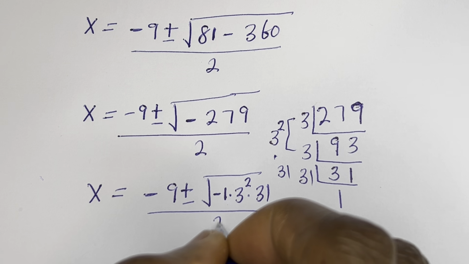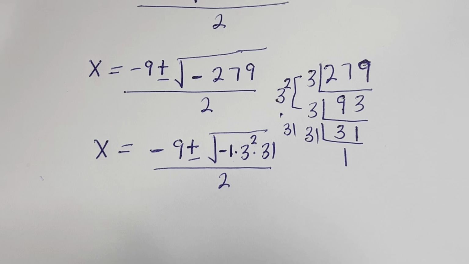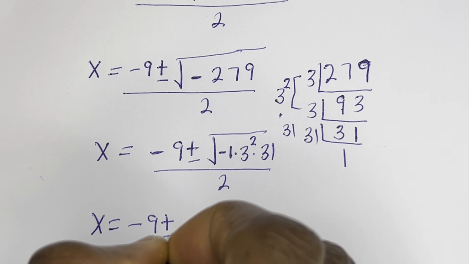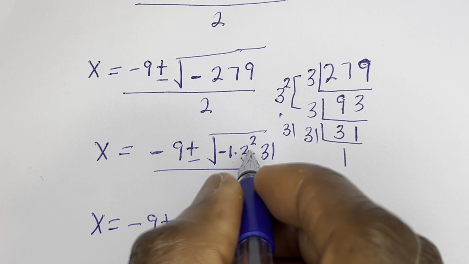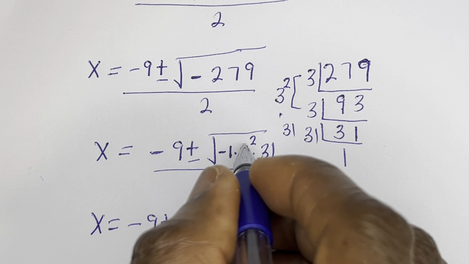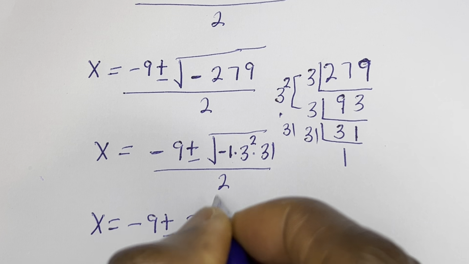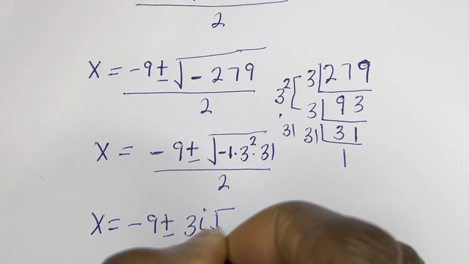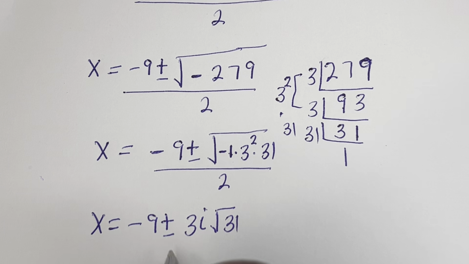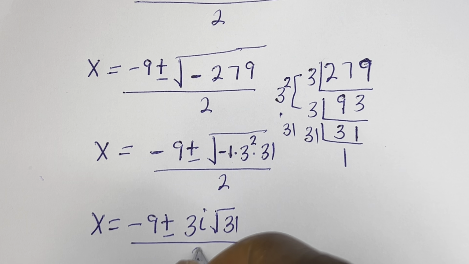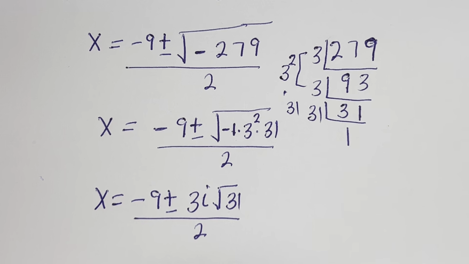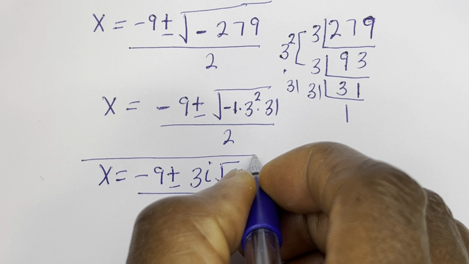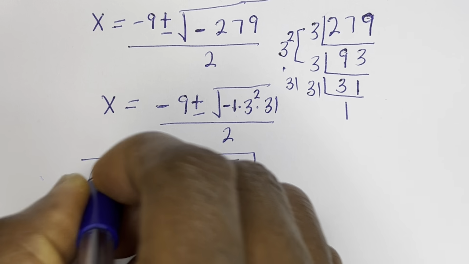Everything over 2. Then this is s is equal to minus 9 plus or minus square root of 3 squared, that is 3. Square root of minus 1 is i. Then root 31 over 2. These are other values of s.